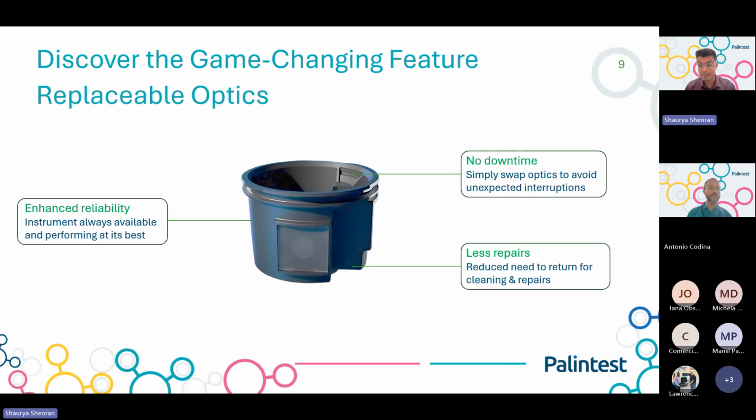We provide the spare part and you can carry it along with you, so that when the instrument is heavily contaminated, all it requires is a screw out and you can put a new optics in, which means you don't have to send it back for return in case of unexpected interruptions.